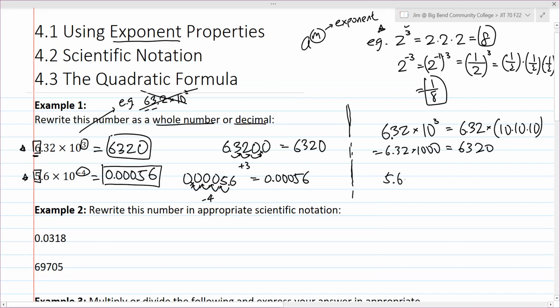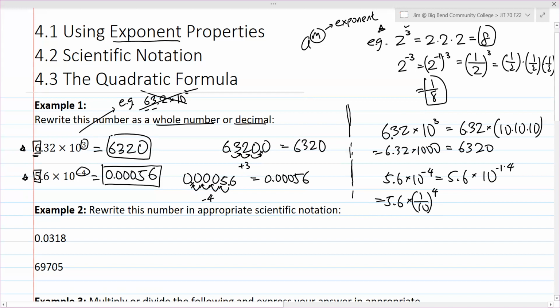And then if we have 5.6 times 10 to the -4, then we'll have the exponent written in this way, 10 to the 1 times 4, and then guess what? We'll have 5.6 times 1 over 10. We invert the number of 10.